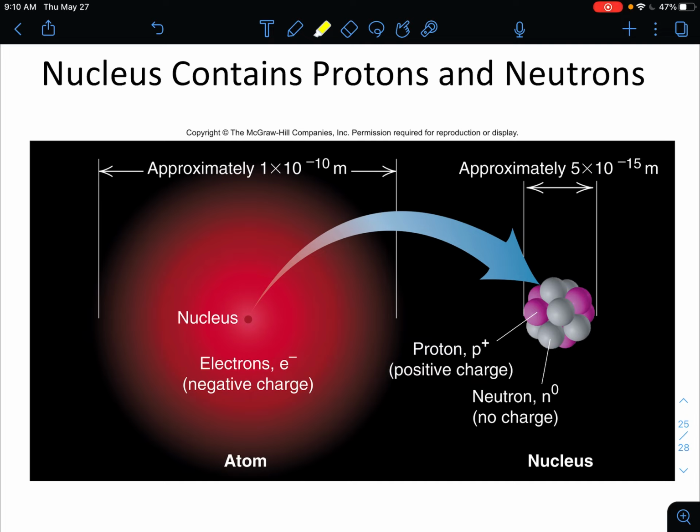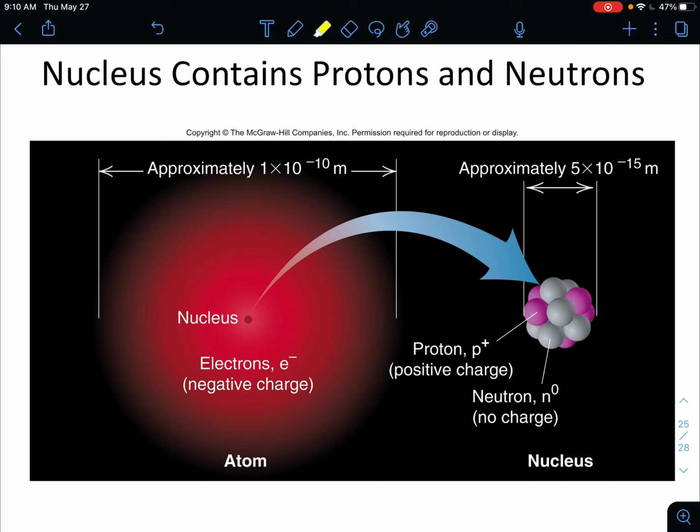The model at this point is to say that there are protons, and later they'll discover neutrons, packed tightly into this nucleus. So that's where all the mass and all the positive charge is located in the atom. And then electrons are circulating around this nucleus that has positive charge.